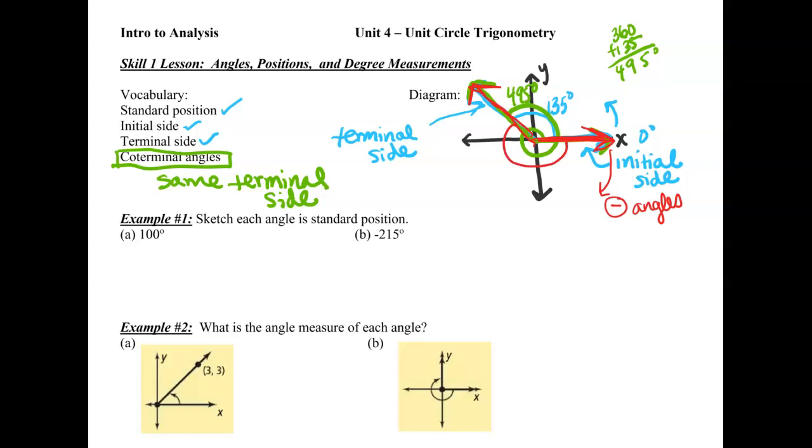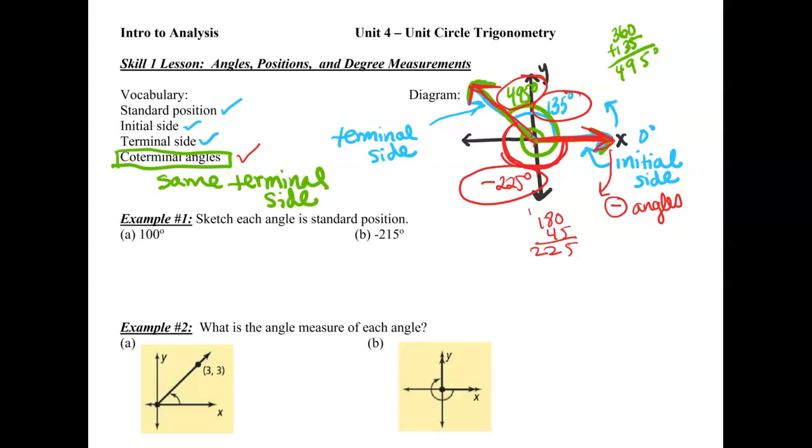And now what that is, I know that halfway around the circle is 180 degrees and an extra 45. So 180 plus 45 is 225. That's a negative 225 degrees. Negative 225, positive 135, and positive 495 would all be considered coterminal angles because they have the same initial side and the same terminal side. Okay.